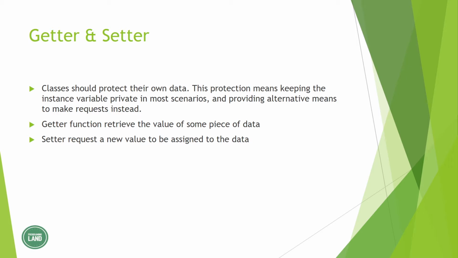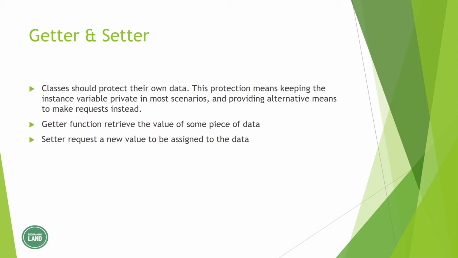We said that variables must be private and we should not make them public, because in that way they can sometimes be changed to invalid data. For example, we have an attribute like age and we have to control that a negative amount should not be assigned to that age. So if the variable is private, how can we change the data of that variable?